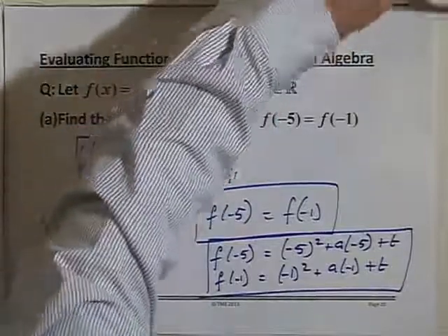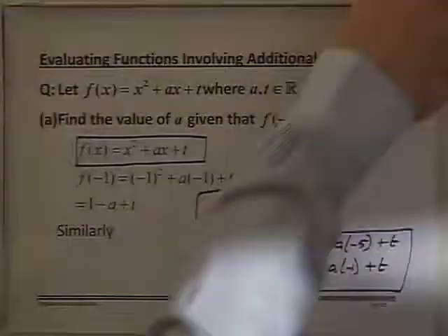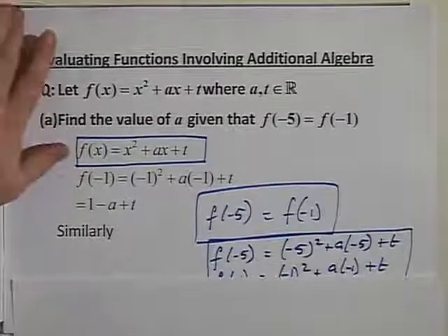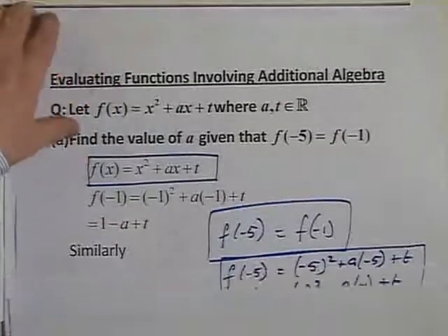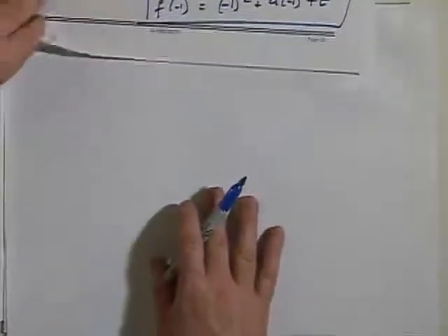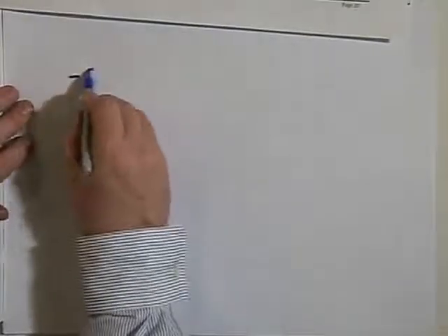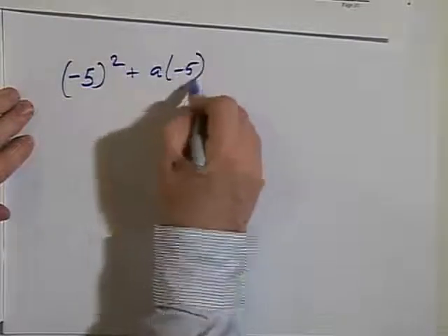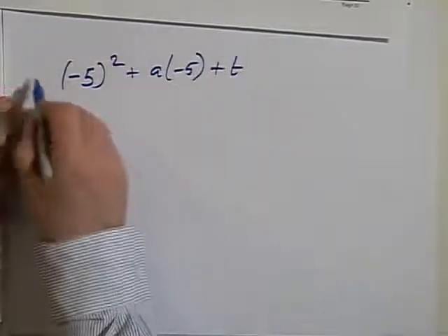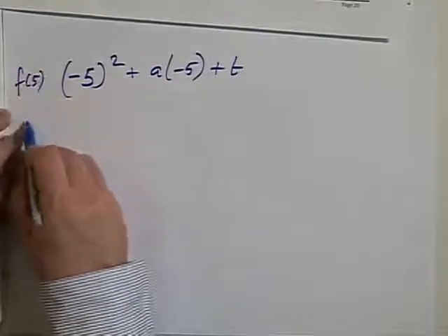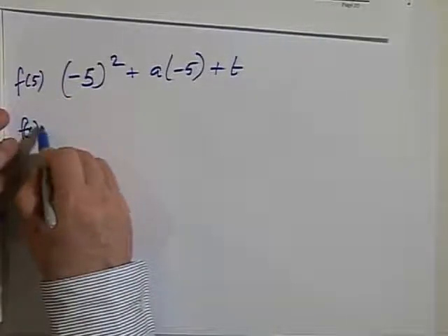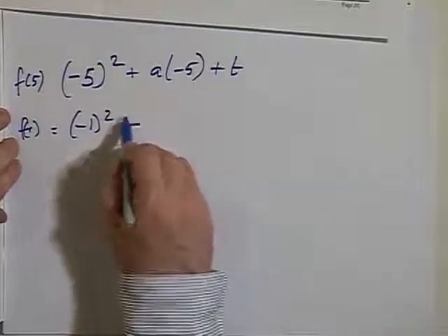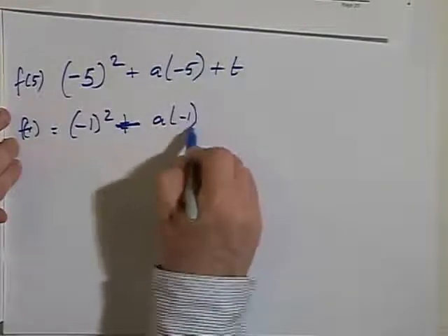So I'll leave that to you for a moment. Two equations. They're saying that f(-5), (-5) squared plus a times (-5) plus t, and f(-1), (-1) squared plus a times (-1) plus t.